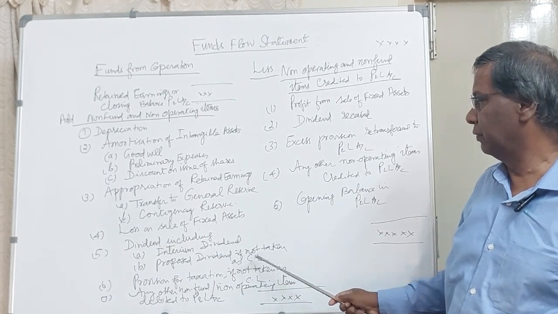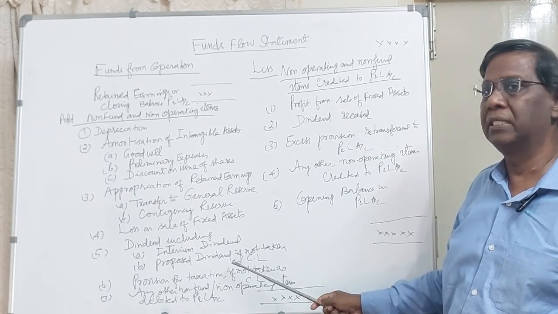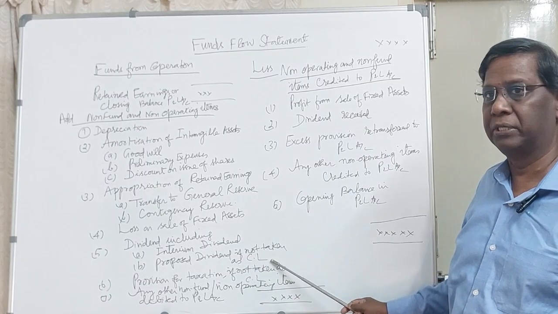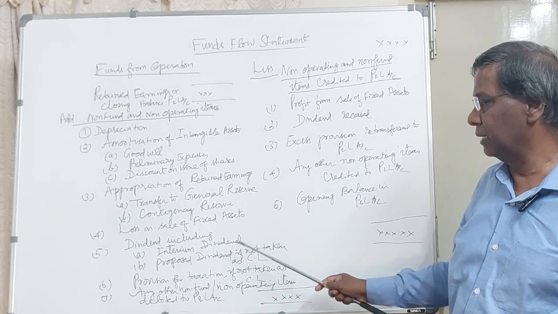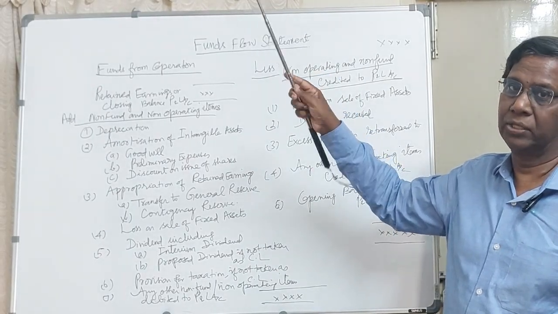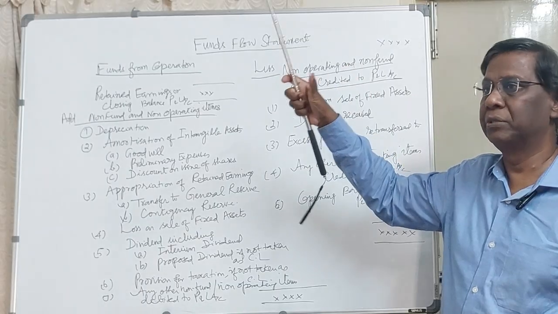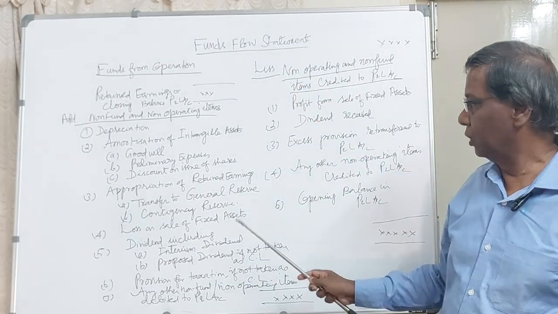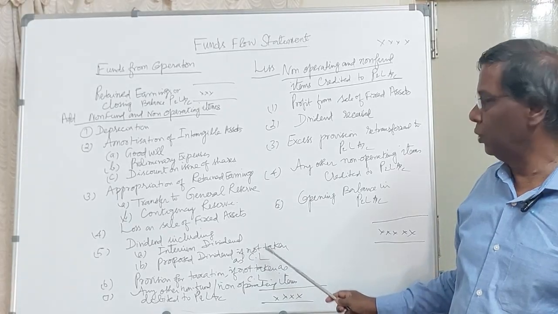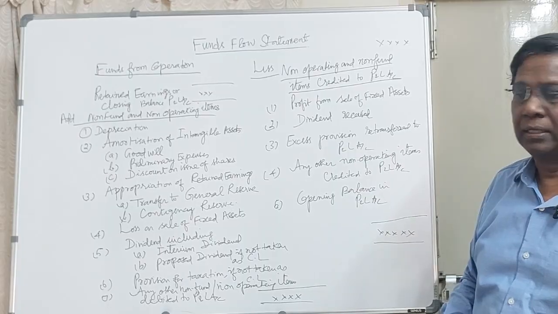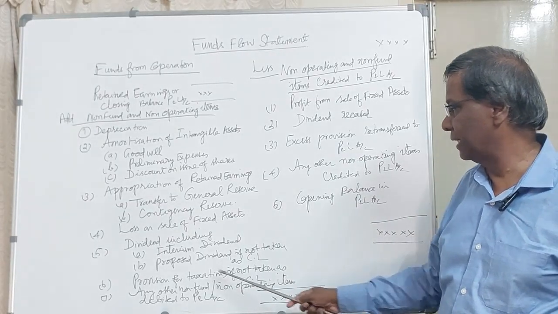Proposed dividend, if not taken as current liability, is only a provision. If it is taken as a current liability, you have to include it in the schedule of changes, and finally it will come in either as an increase or decrease. We have already seen that. So if it's not taken as a current liability, you have to add back here. Then likewise, provision for taxation.